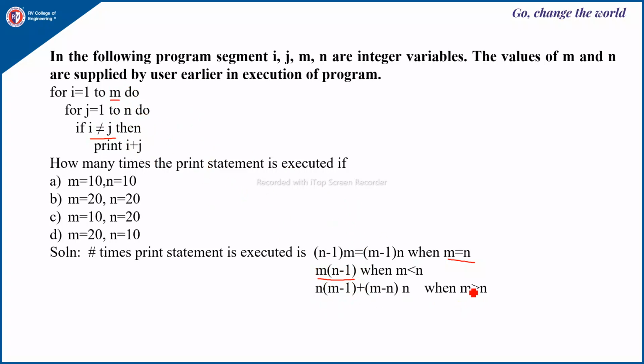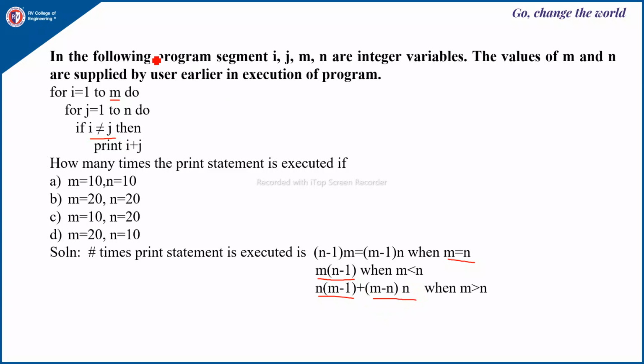Next is when m is greater than n. When m is greater than n, until m is equal to n, this executes n into m minus 1 times. Then for the remaining m minus n times, this condition will be true for n times. So it is plus m minus n times n.